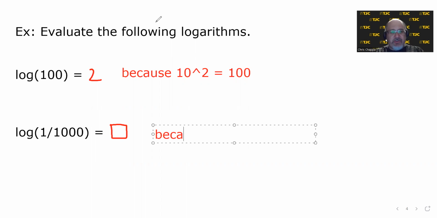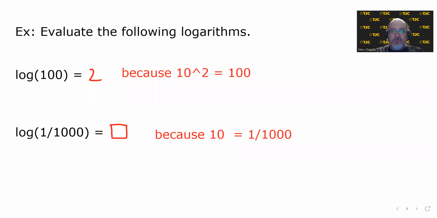Whatever the answer to this is, it's because the base, which is an implied 10, raised to that power is the argument. In other words, the answer to the log is the power that turns the base into the argument. Well, I am going to draw in the power as soon as we figure out what it is. In fact, let's just scribble it down here for a second. 10 to what power equals 1 over 1,000?